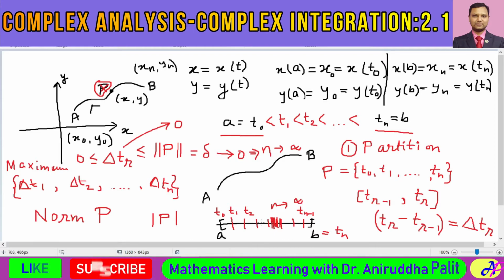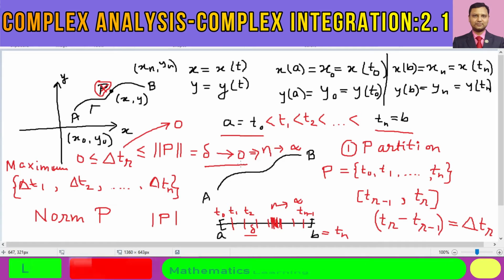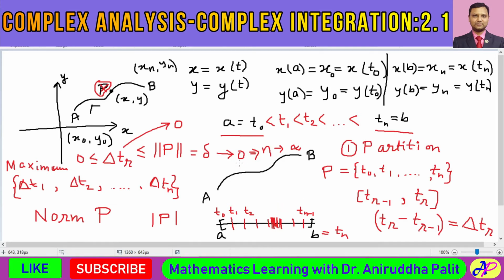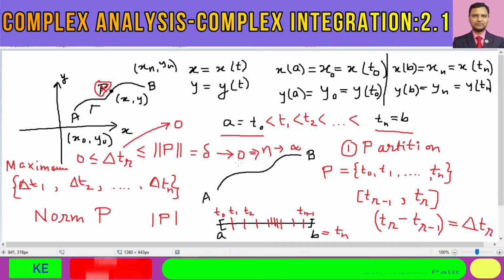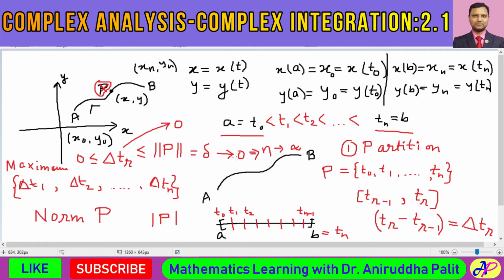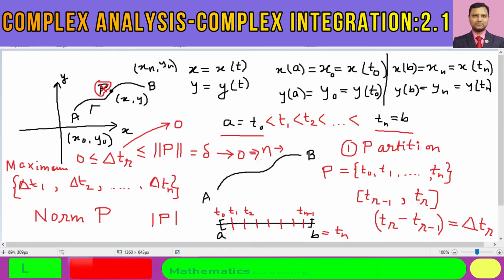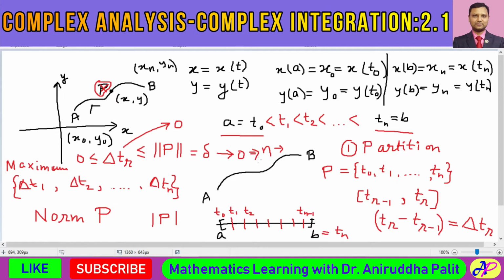It does not mean that delta is also tending to 0. So remember that the converse result is not true. That is all about the idea of partition and its norm.